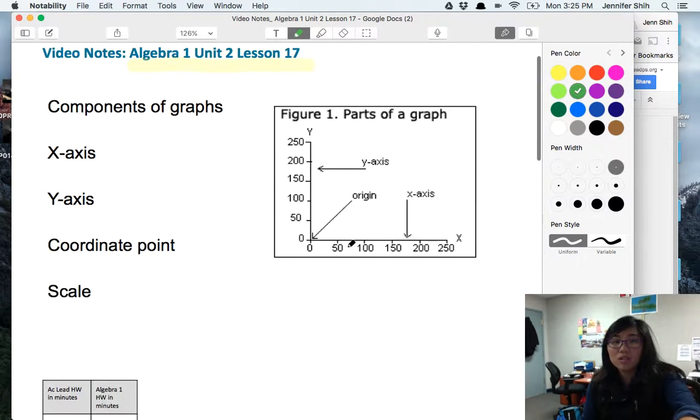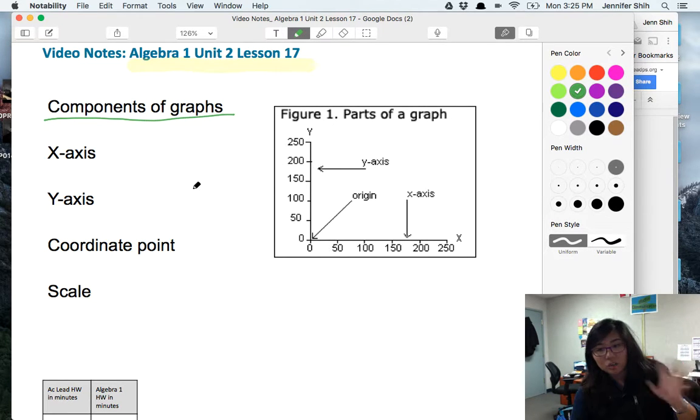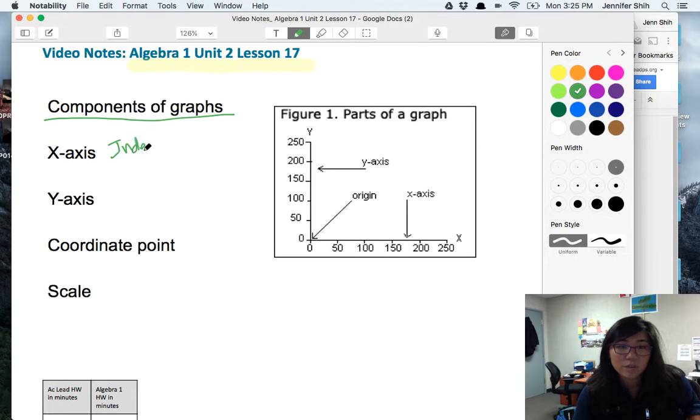So I would start by sketching this graph. It's just an XY axis, and a couple of things are pointed at it, which should help you. These are different components of your graph. Your x-axis, which we are going to be working on graphing tomorrow or the next time you see me, contains your independent variable.